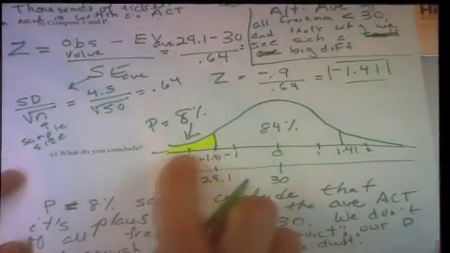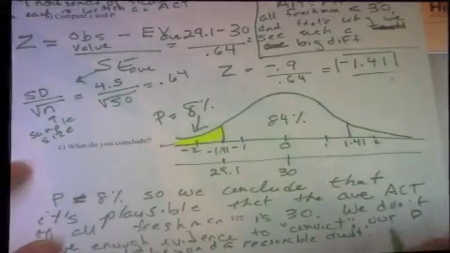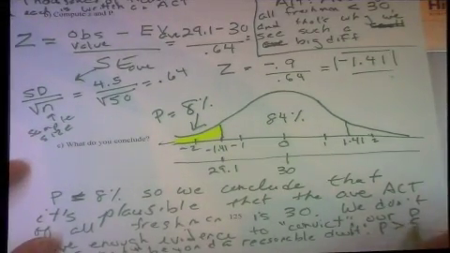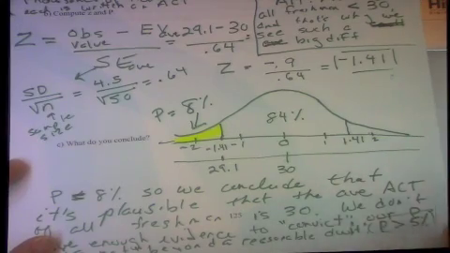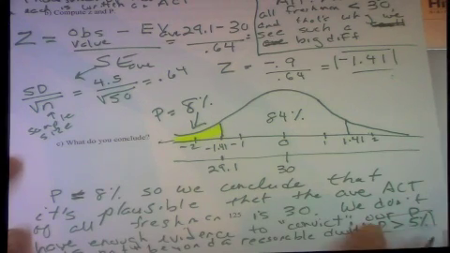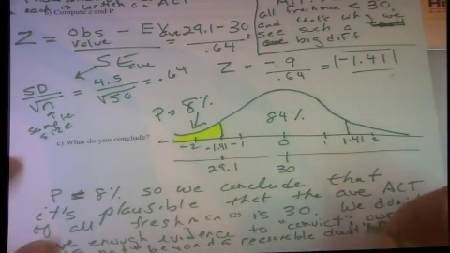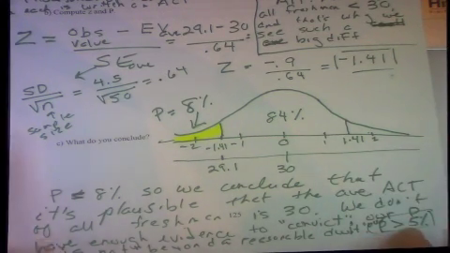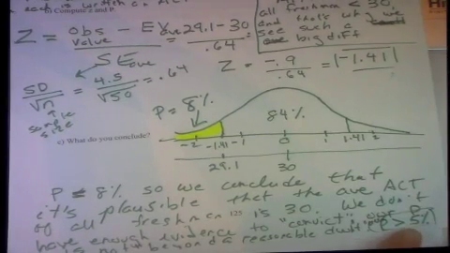That's a reasonable doubt. It's plausible. In other words, p is greater than 5%. If it's greater than 5%, we're saying there's a reasonable doubt. It would have to be less than 5%, so we're not beyond that cutoff.